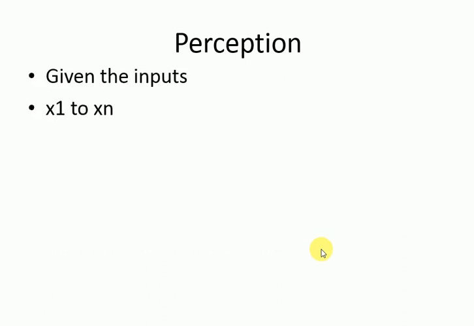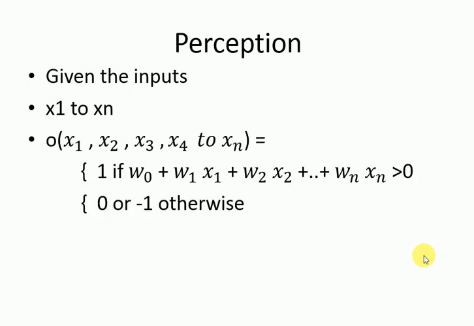Given the inputs x1 to xn, the statement is sigma w1 to wn, that is w0 plus w1x1 up to wnxn.